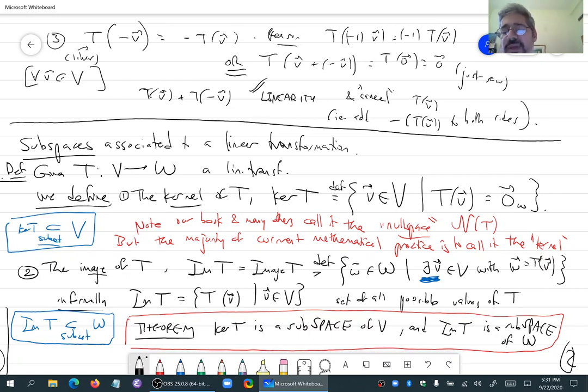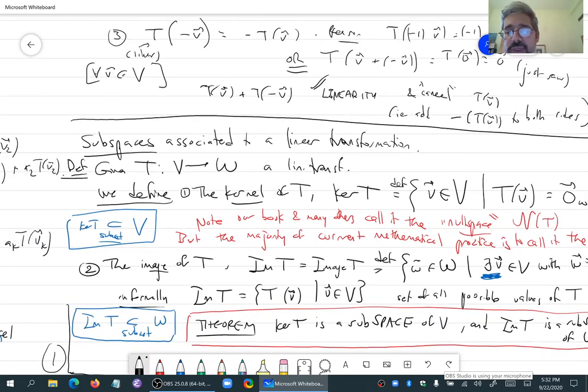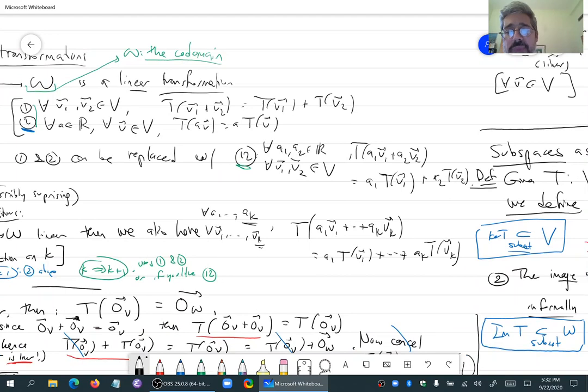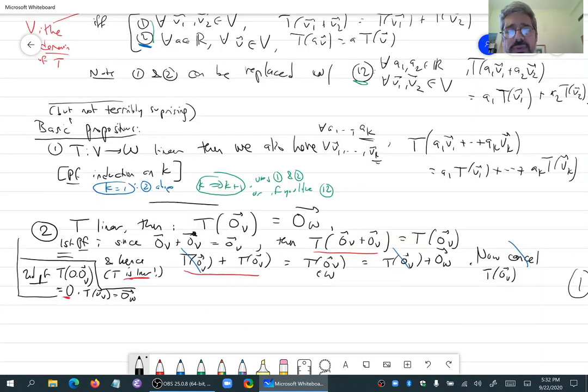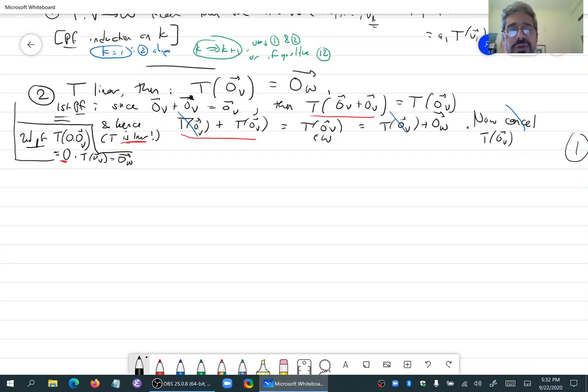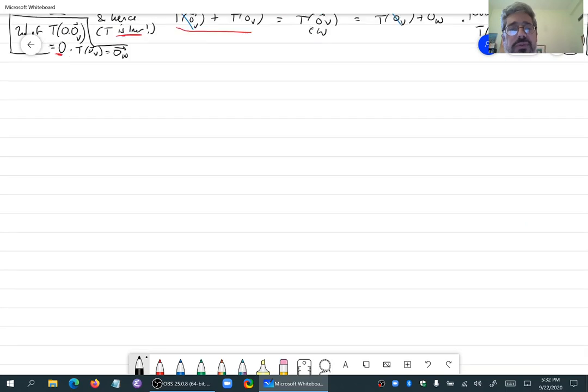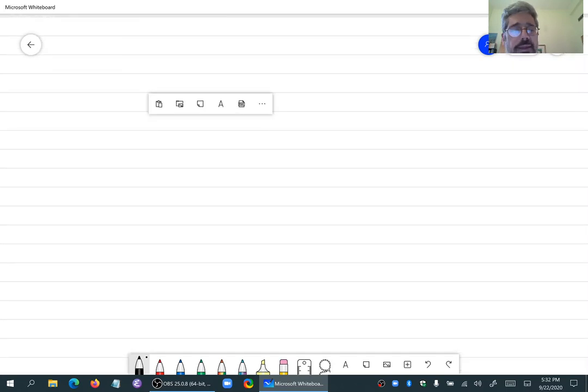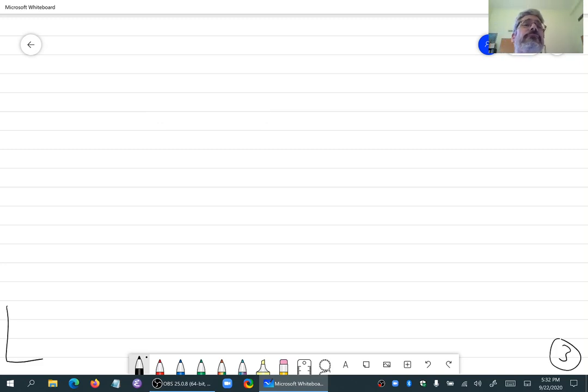And I'm sorry, the pen did not quite take that subspace of W. Good. Okay, so this is our situation. Let me give an example of this, and then I will talk a little bit about how it works. The general proof is actually quite straightforward, to be honest with you. However, I think it's helpful to see an actual example first. Okay.